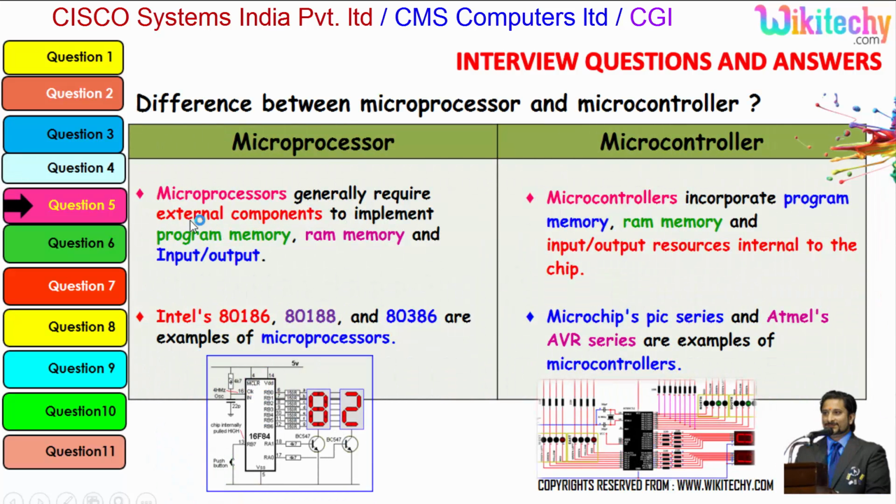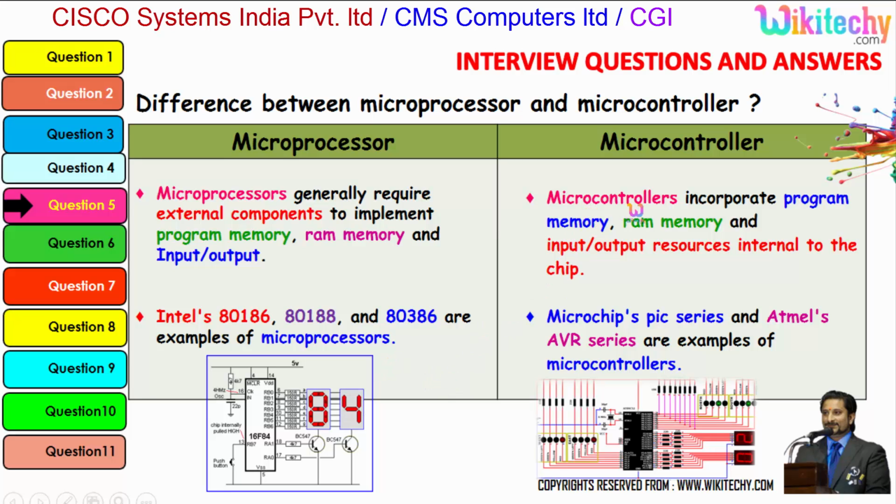Let's move on to the next question, the differences between microprocessor and microcontroller. Microprocessors generally require external components to implement program memory, RAM memory and input-output. Here are examples: Intel 80186, 80188 and 80386 are typical examples of microprocessors.